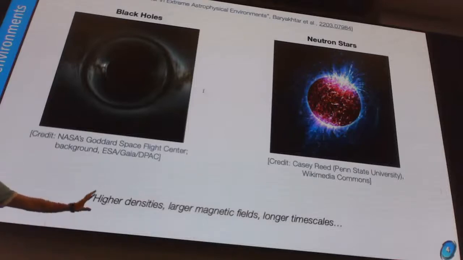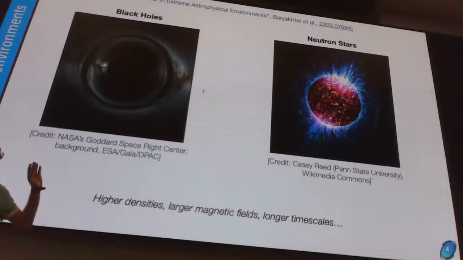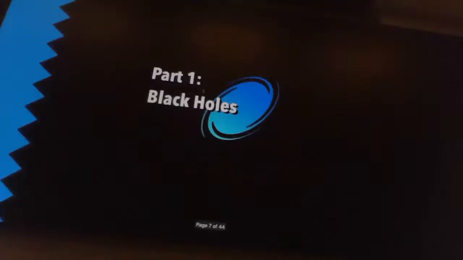What this gives us is potentially higher densities of dark matter. It gives us higher densities of ordinary matter, especially in the case of neutron stars, large magnetic fields, and long time scales to work with. And hopefully over the rest of the talk, I'll explain exactly why this could be a very promising way to go with dark matter searches in general.